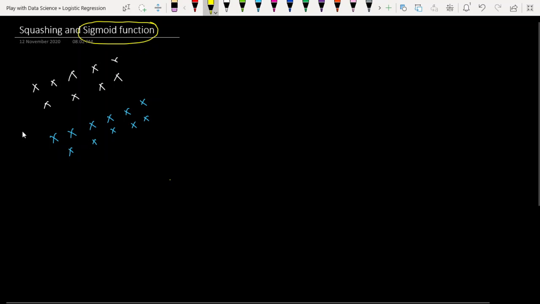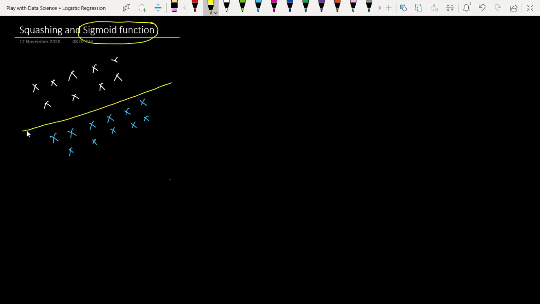We use the yellow line as the separator, which in the higher dimensional case we call a hyperplane. Let's say this hyperplane is pi, and the perpendicular of this plane is w. So this is one plane.